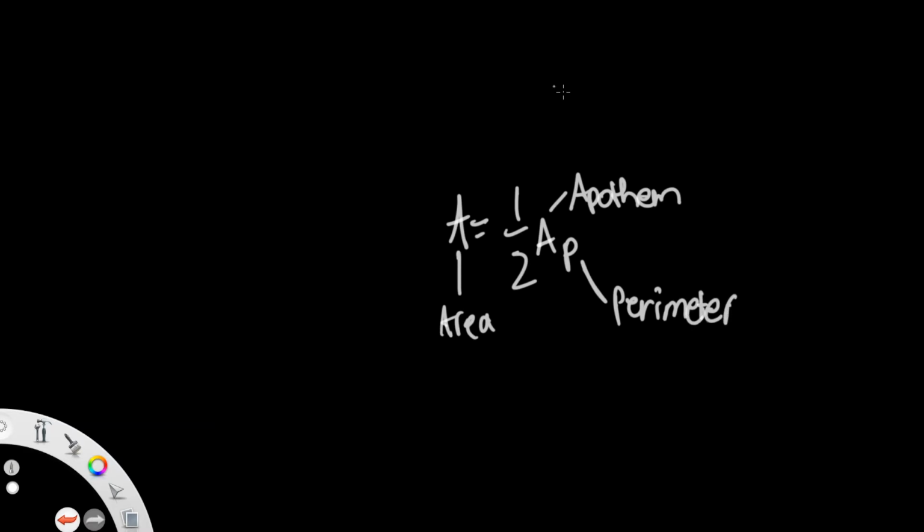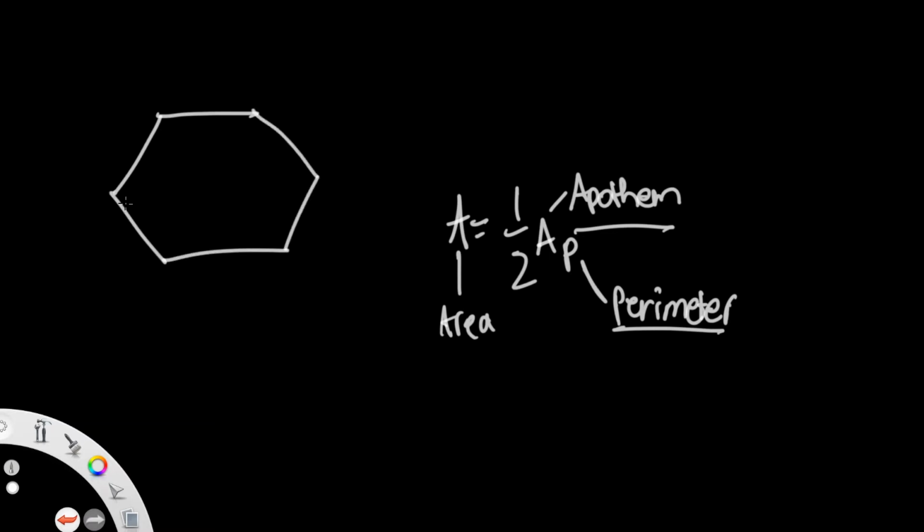So how do we find the apothem or the perimeter of a figure when we're given only the apothem or only the perimeter? Suppose we take the hexagon from the previous figure, but instead let's give it values. Suppose we're only given the side length of this hexagon as 10 centimeters, and we're not given the apothem.